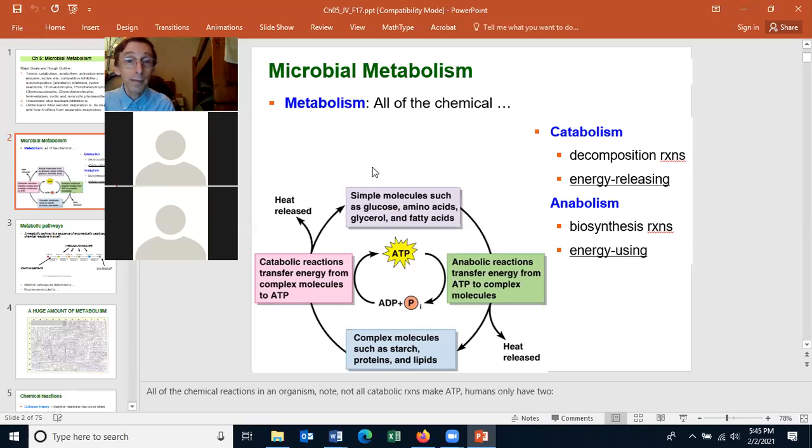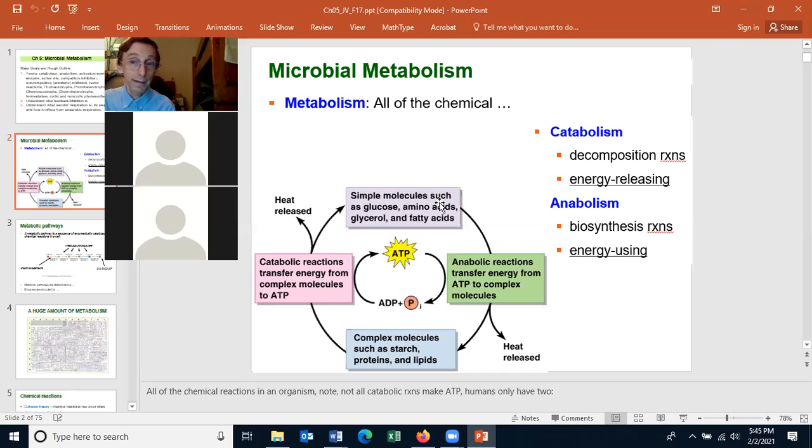You can break metabolism down into 2 parts, catabolism and anabolism. Catabolism is the decomposition reactions where you're taking a complex large molecule and breaking it down into a smaller molecule. Energy will be released.